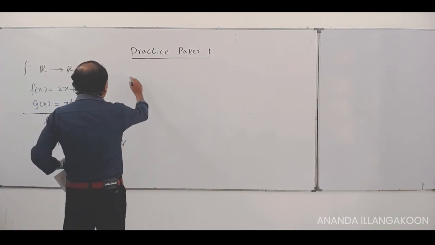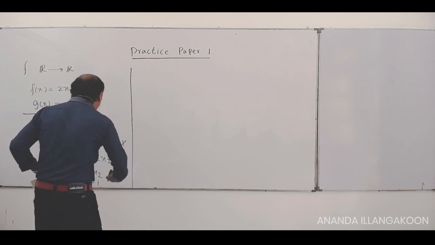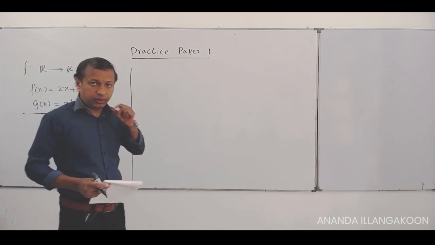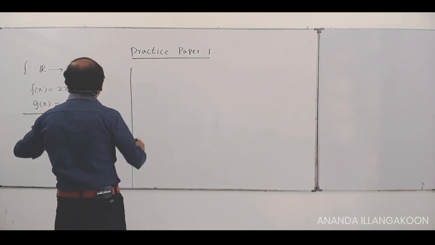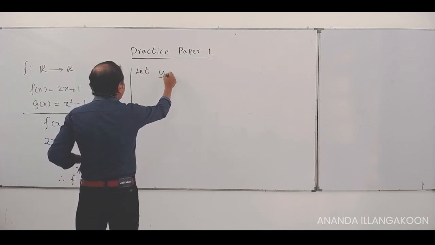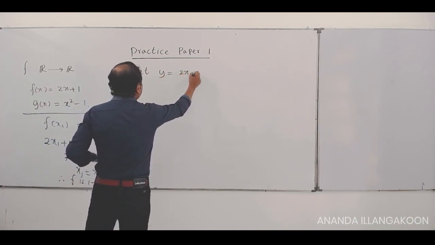Secondly, to show this is an onto function, bijective means it should be both one-one and onto. We take f(x) means y, f(x) means the image y, equals 2x plus 1.